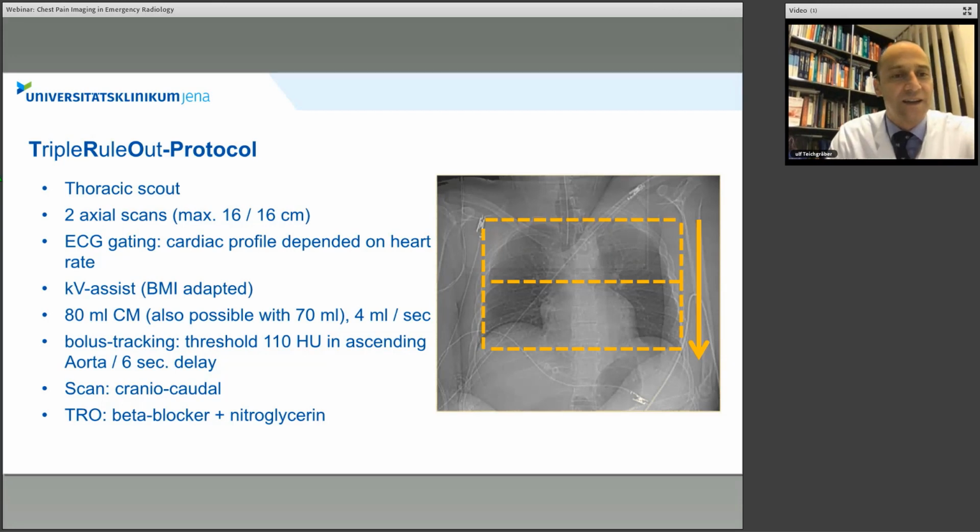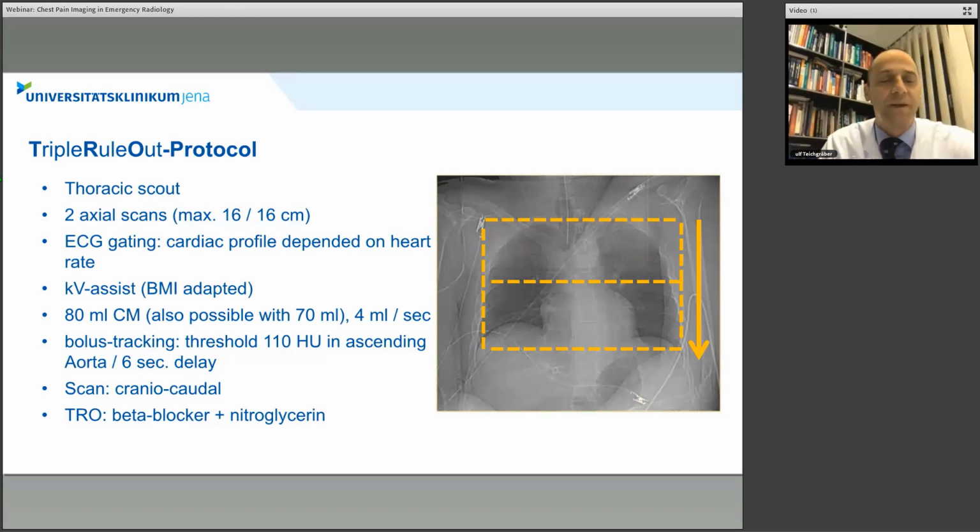And then using more or less the same protocol as we use for the coronaries, but with a wide window acquisition with CT gating and kV assist, which is then adapted to the BMI.